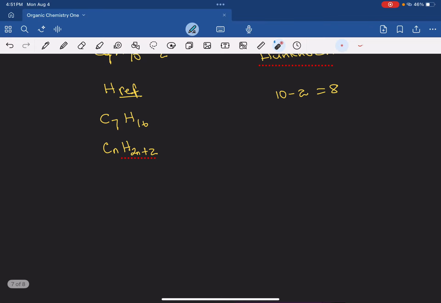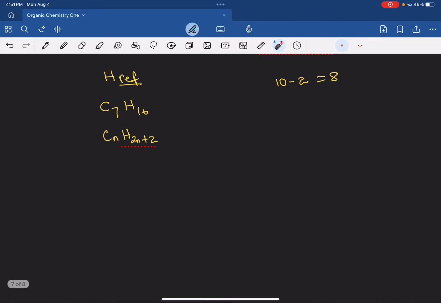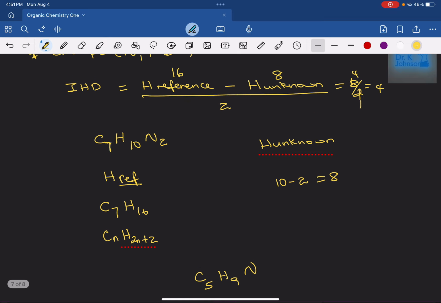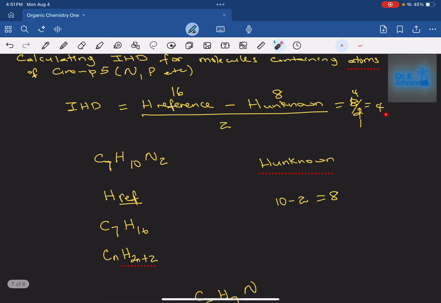Let's look at one last example on this. What if you're given C5H9N, where the N is a group 5 element, and you're asked to calculate the index of hydrogen deficiency or the degrees of unsaturation? So you need to know how many double bonds, triple bonds, rings, or combination. By the way, the value you got here, 4, means that the number of degrees of unsaturation is 4.